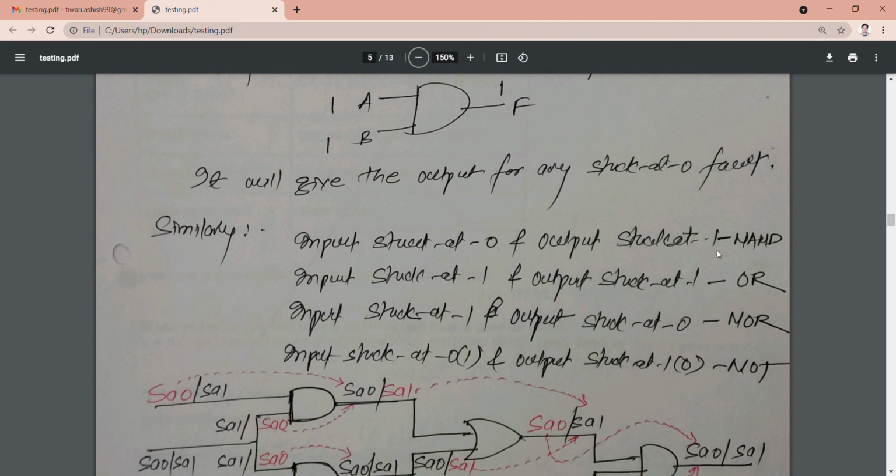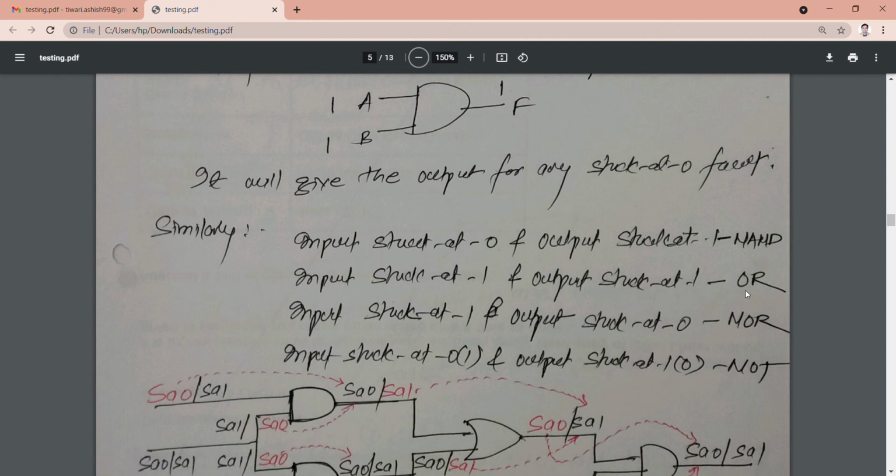For the NAND gate, if the input is stuck at 0 and the output is stuck at 1, this is similar. Similarly, if the input is stuck at 1 and the output is also stuck at 1 in case of the OR, we are talking about the equivalence.